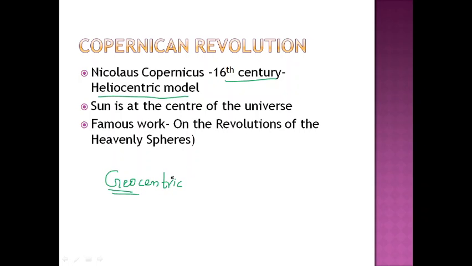So a huge shift happened in the 16th century when Nicolaus Copernicus proposed that Earth is not at the center. We have a heliocentric model. Helio stands for sun. So in the heliocentric model, the sun is at the center of the universe. In his famous work on the revolutions of the heavenly spheres, he put forward this theory.